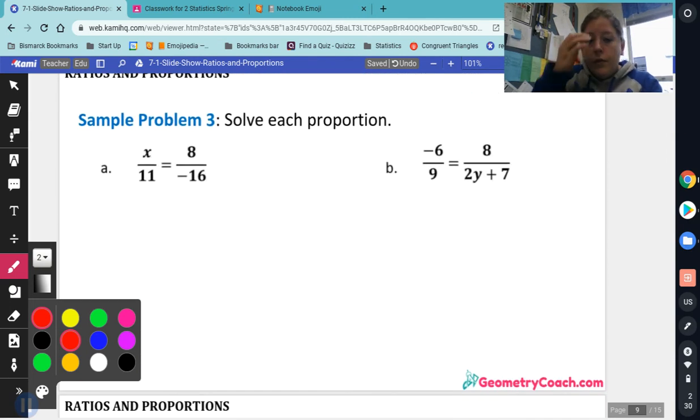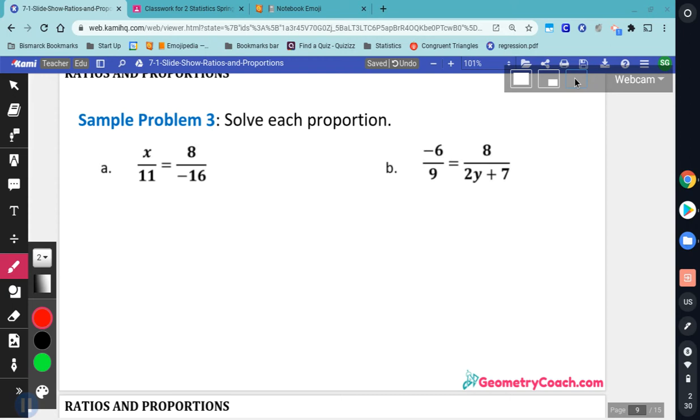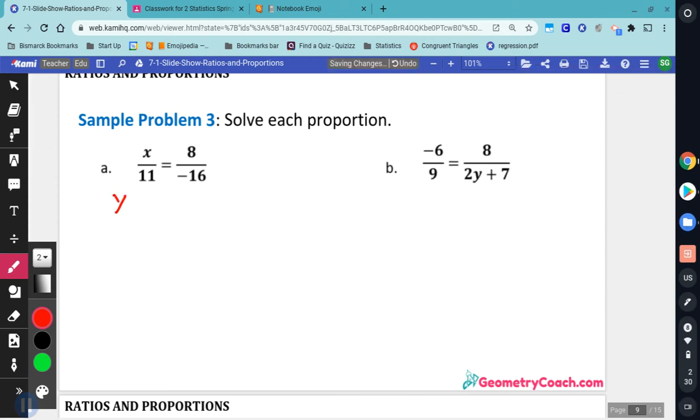Okay, we're going to solve these proportions, and you know that we solve proportions by doing cross multiplication. So we're just going to take x times negative 16 equals 8 times 11.